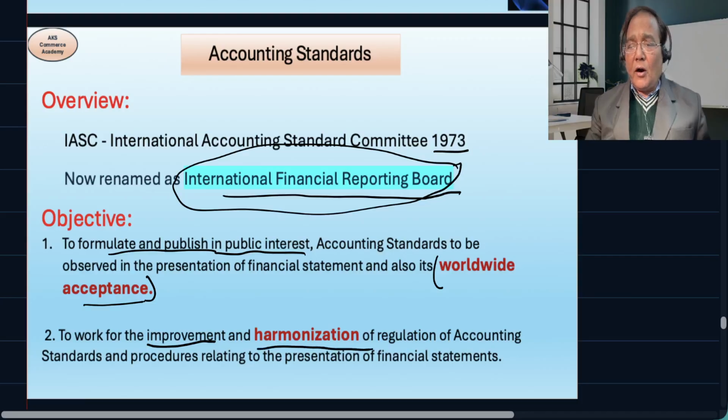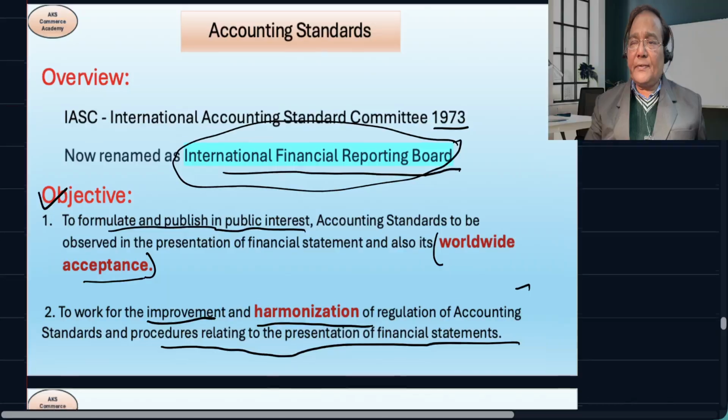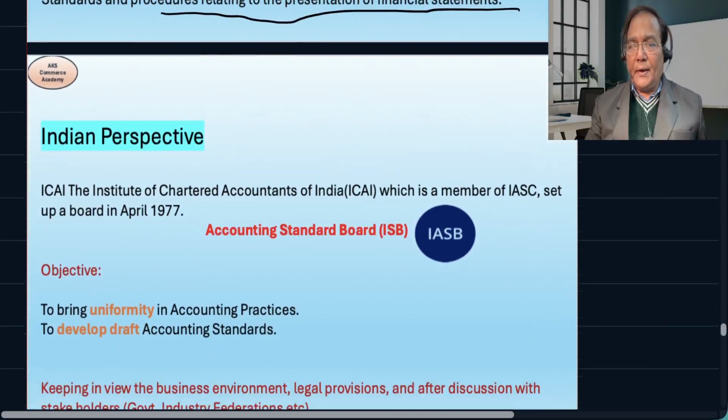Harmonization of regulation of accounting should be syncing of regulation of accounting standards and procedures relating to the presentation of financial statements. So with these two objectives, the International Financial Reporting Board, which is named later, set the standard, and accordingly it is accepted worldwide.